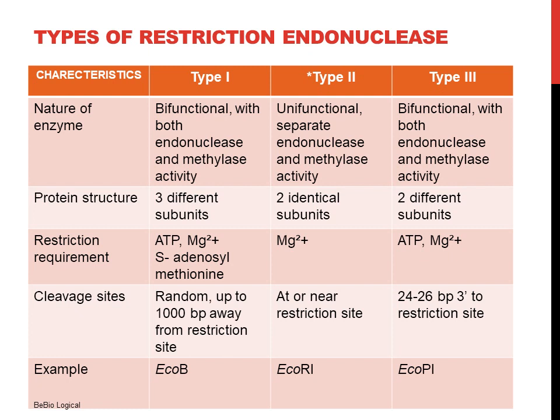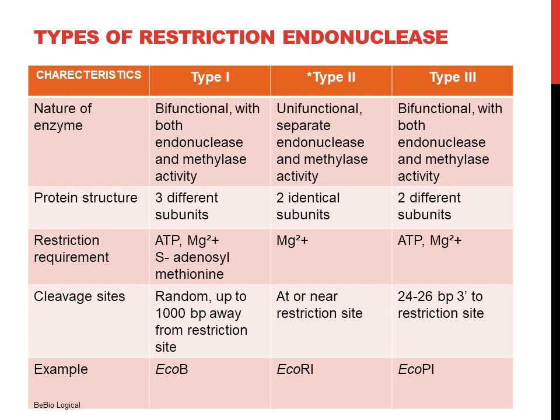Now in case of restriction requirement, type 1 requires ATP, Mg2+, and S-adenosyl methionine. Type 3 requires ATP and Mg2+, while type 2 only requires Mg2+. Cleavage site: only type 2 can cleave at or near the restriction site.